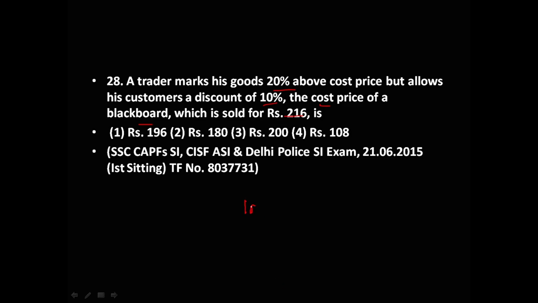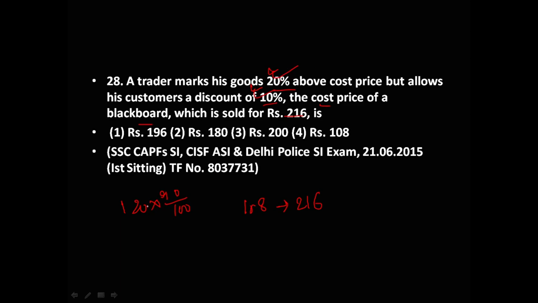It's actually 108 is equal to 216. How could I calculate 108? It's 120 into 90 by 100, because it's the discount of 10% when it is marked 20% above.